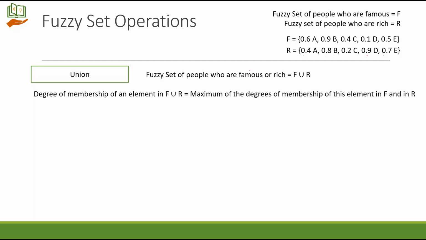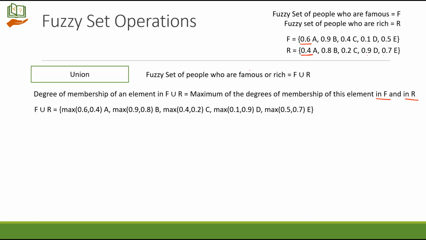How do we go with the degree of membership? In multiset we used the maximum function. Similarly, in degrees of membership also we will use the maximum function. The degree of membership of an element in the union operation will be the maximum of the degrees of membership of this element in F and in R.